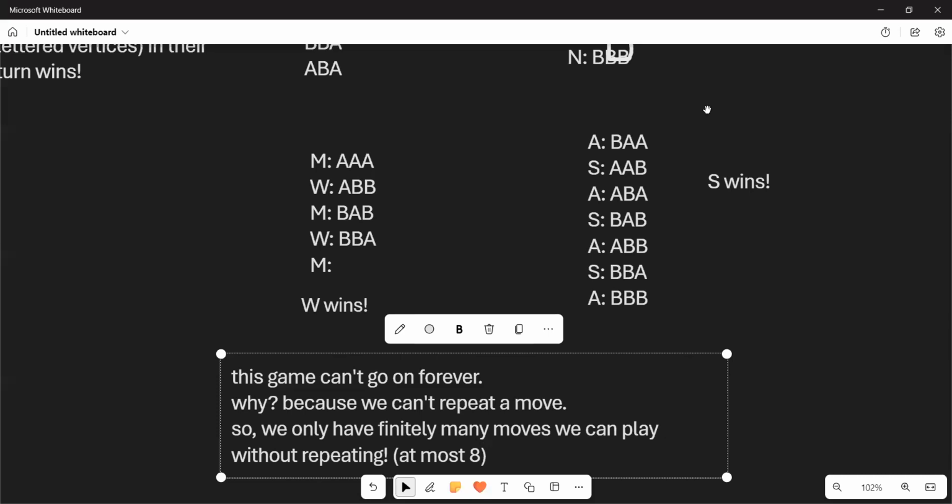Then we'll have BBA, BAB, ABB, and BBB. These are the 8 combinations that we have. So we have at most 8. And so after 8, obviously we're going to have a rectangle. So replacing letters with colors, we'll be able to see that we have to have a rectangle with monochromatic vertices.